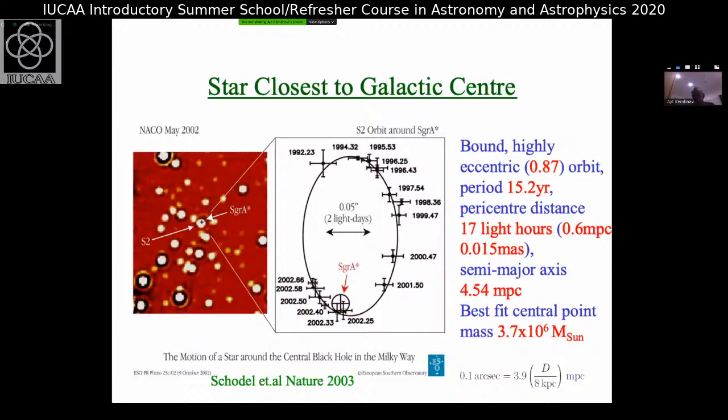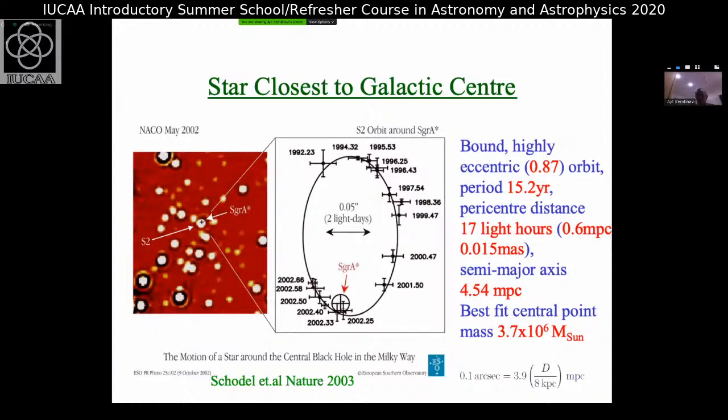Can it be an extended object? It can't be, because when the object is at the perihelion, meaning the closest distance to this one here, that distance is only 17 light hours. The period of the orbit is 15.2 years, and there's only 17 light hours. Now you see that if it were any reasonable extended object, it would be much larger.